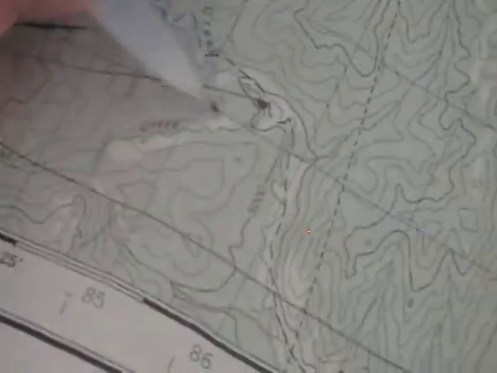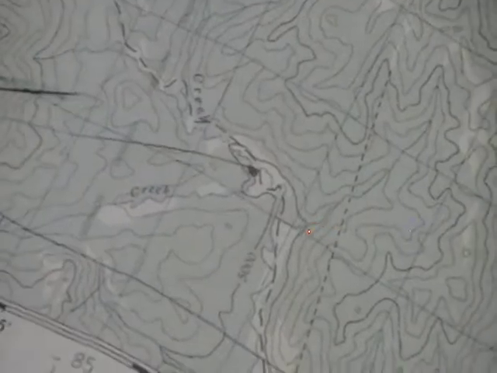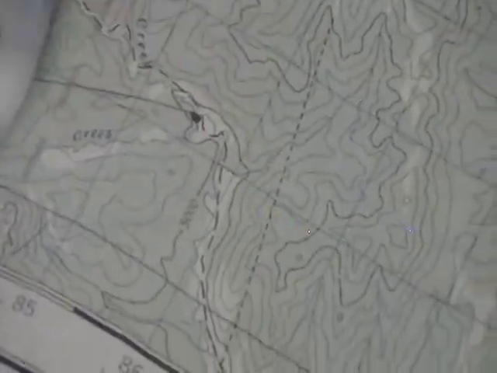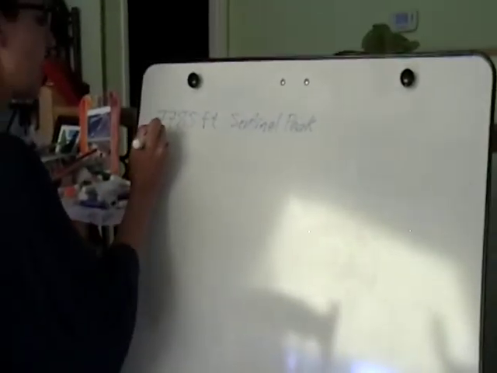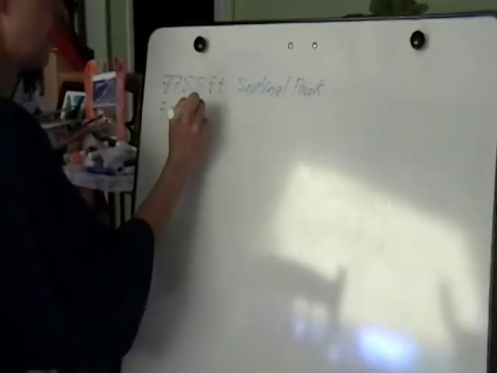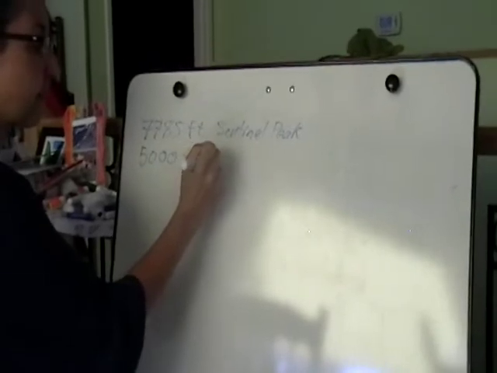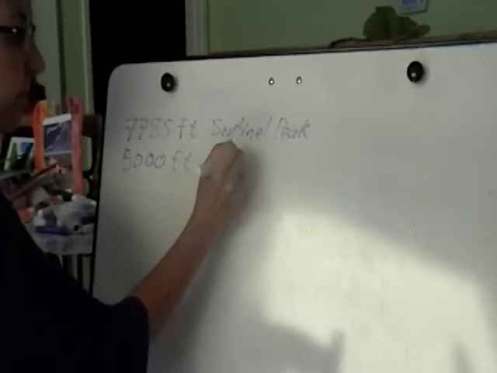But because the 5,000 elevation wraps around it, I'm going to assume 5,000 for my value. So we can come up to the board here, and we know 5,000 feet is my creek intersection.